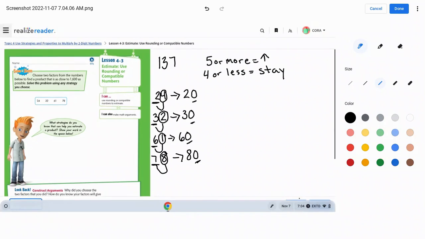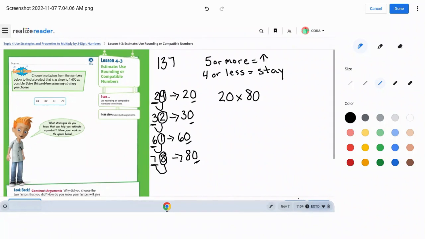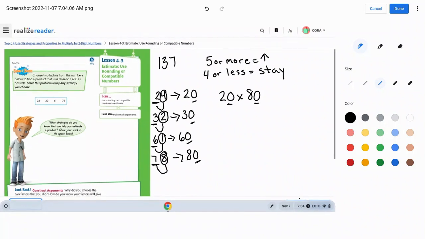So if I look at 20 times 80, like I just said, we're going to save our zeros. 2 times 8, we're going to focus on that. That's 16. And then these zeros, I just need to bring them over. That would give me an answer that's 1,600. I can look and see if I can make any other combinations.